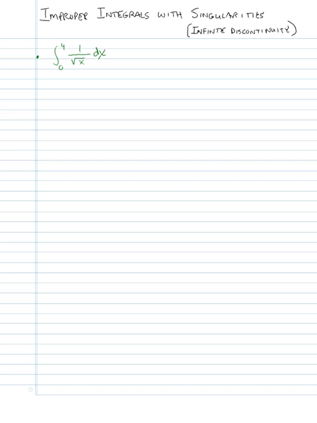But the problem here is this integrand is not defined for this x value, is it? So this is an improper integral. What we're integrating is not even defined at one of the limits of integration. Now, that's not good, and we might have overlooked that.